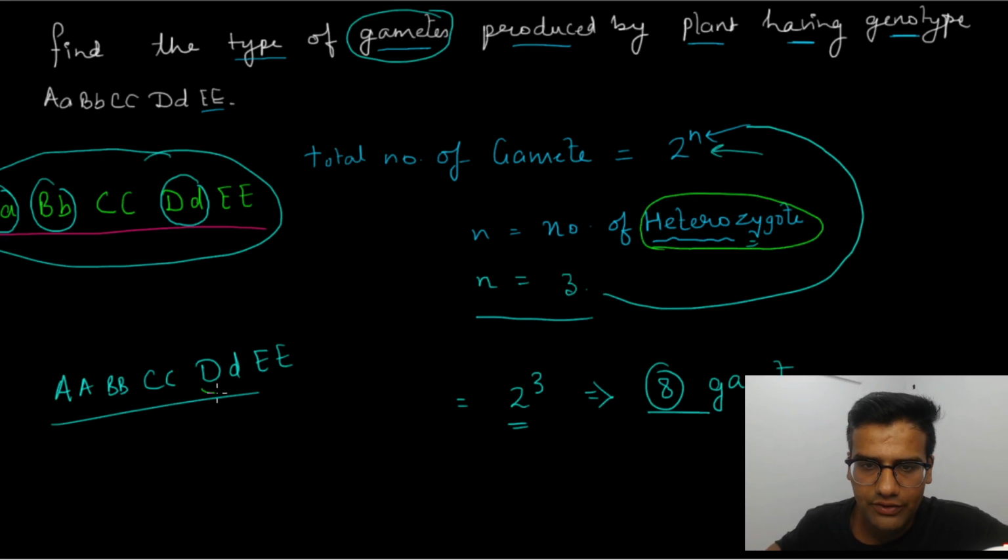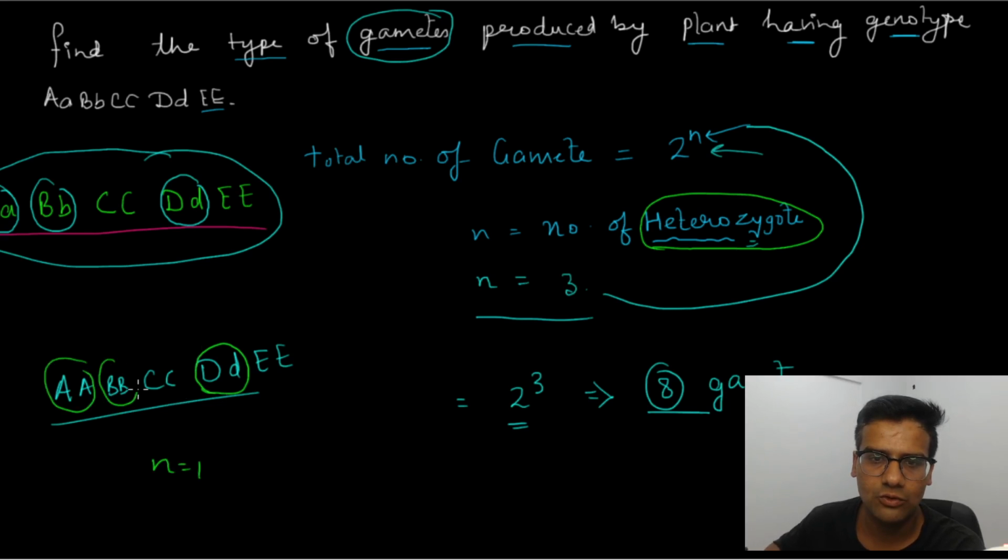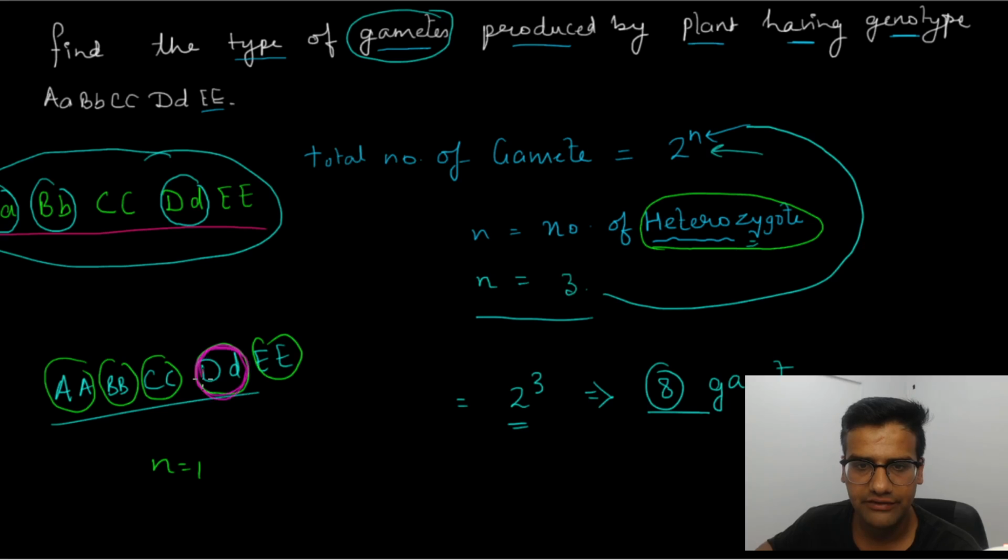Here n is equal to 1, because the rest of them are present in homozygous form, except capital D small d.